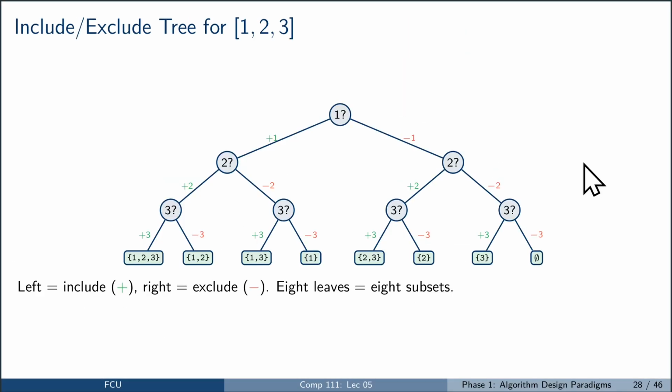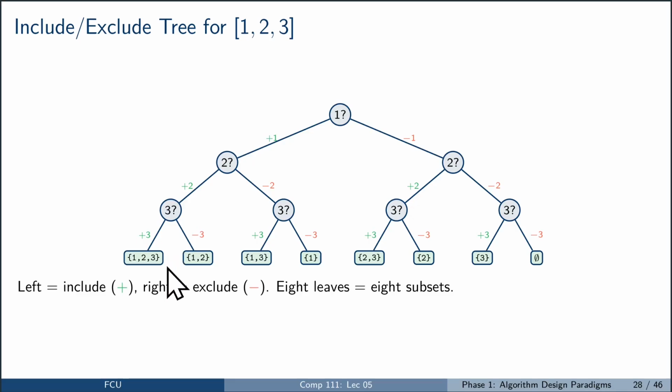Now, picture this decision tree. The top level: include 1 or exclude 1. If we include 1, then we have a choice to include 2 or not. That's the same question regardless of what decision we took about 1. And at the bottom level, we include 3 or we exclude 3.